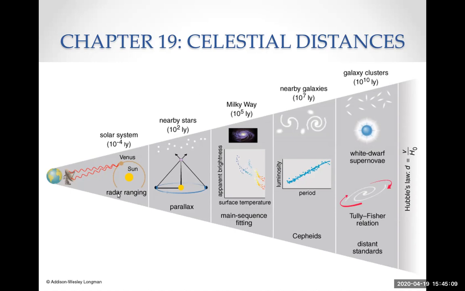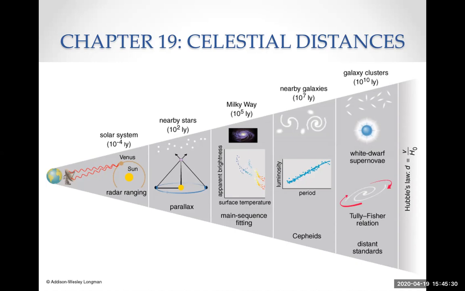The first one here on the far left-hand side is one that we have talked a teensy bit about before, in chapter 10. We talked about Venus, using radar waves to see through its atmosphere. That same radar can also be used to figure out the distance to these nearby objects, these planets in this case.